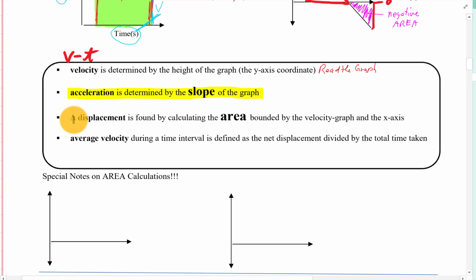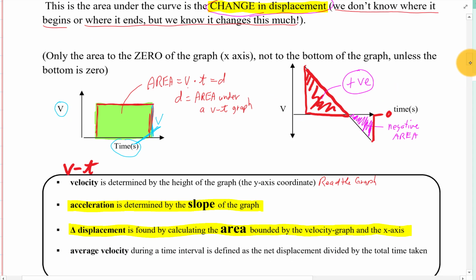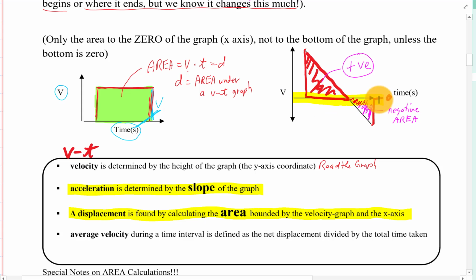And the change in displacement is calculating the area bounded by the velocity graph and the x-axis. Okay? I won't say it that clearly, but it is the area bounded by the velocity graph and the x-axis. That's what I just did there. I went to the x-axis, and it's the area underneath to the x-axis.